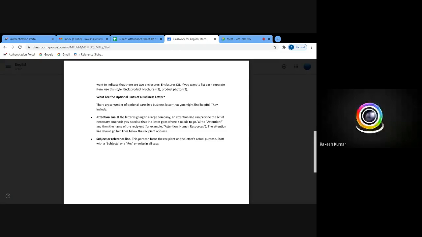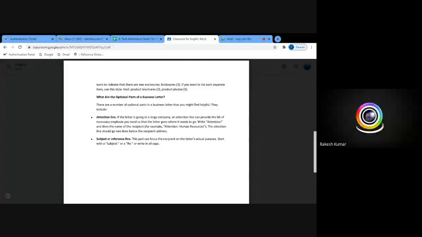Here they're not talking about the reference number; they're talking about the reference line or the subject line, where you simply write why you are writing that letter. What is the reason for it? They have written it is optional, but in today's time it is getting huge importance because of email.